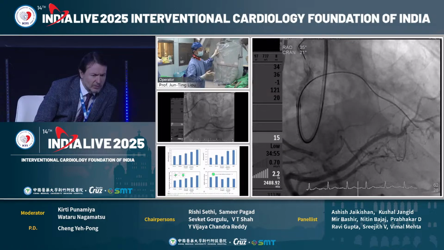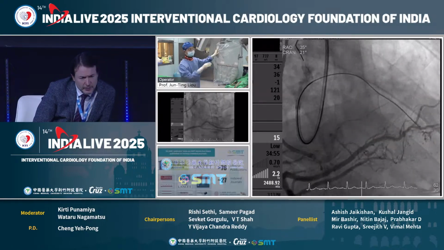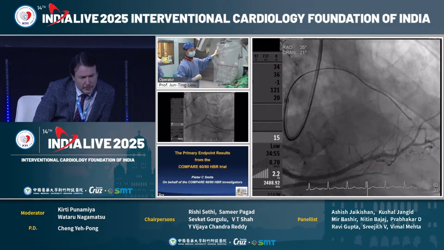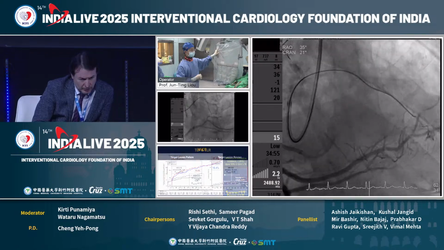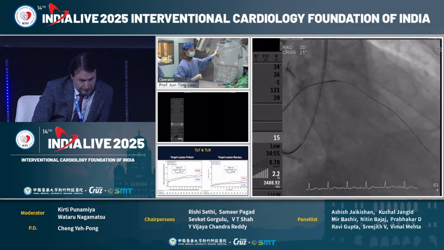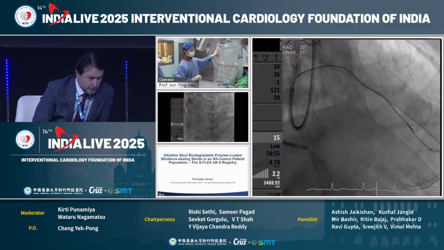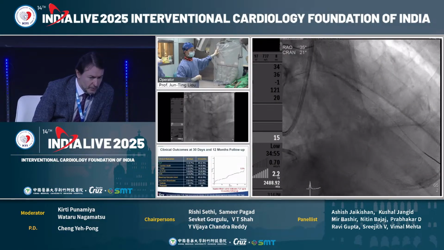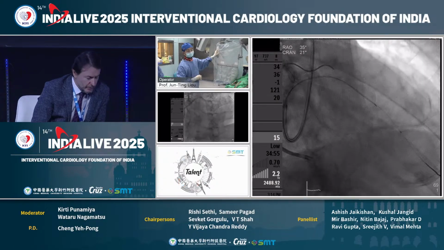We had already prepared a bailout retrograde approach, the guiding catheter and the 150 centimeter microcatheter. Fortunately, we didn't have to use the retrograde approach. Then I brought down my Corsair Pro and made a tip injection, and did a balloon dilatation here, and did the IVUS.